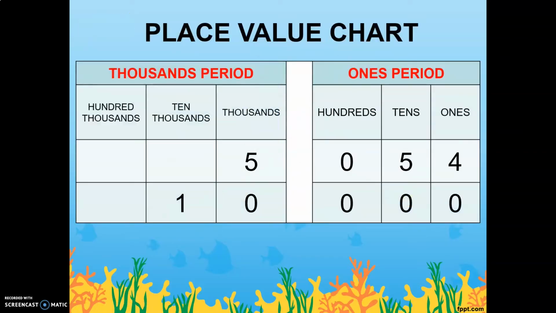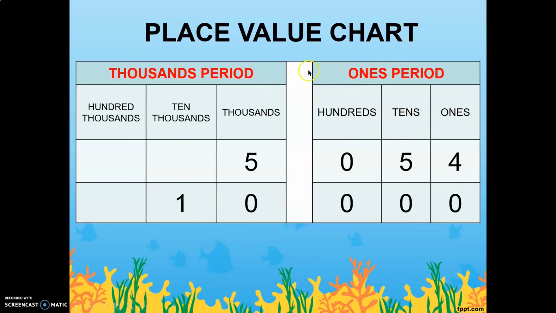Let's take a look at this place value chart. In a place value chart, we move from right to left, meaning we start from the ones place value, then the tens place value, and the hundreds place value. The group of ones, tens, and hundreds is called the ones period.